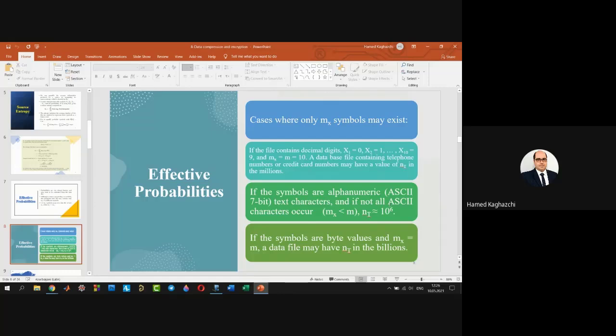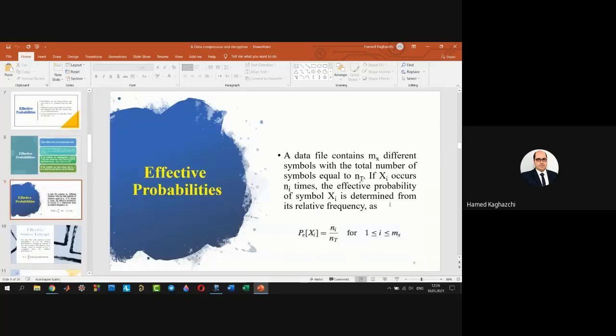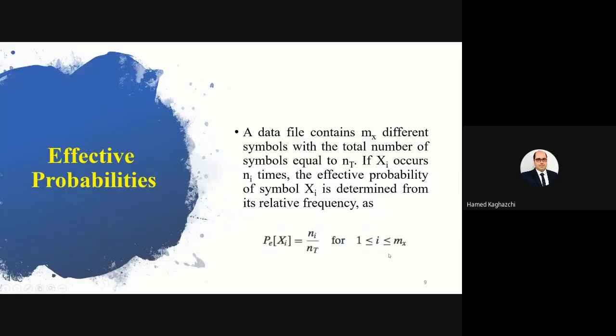Now, for calculating the effective probability, we suppose that xi occurs ni times, and the size of the file is nt.